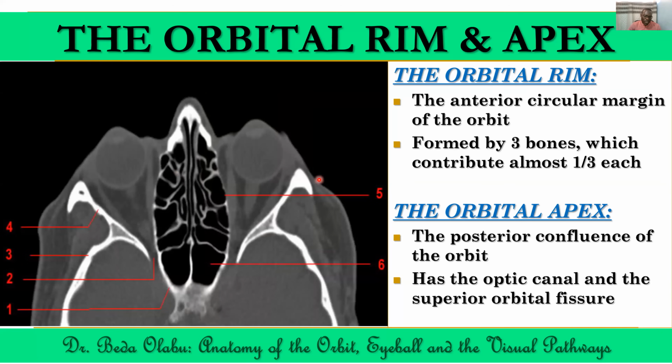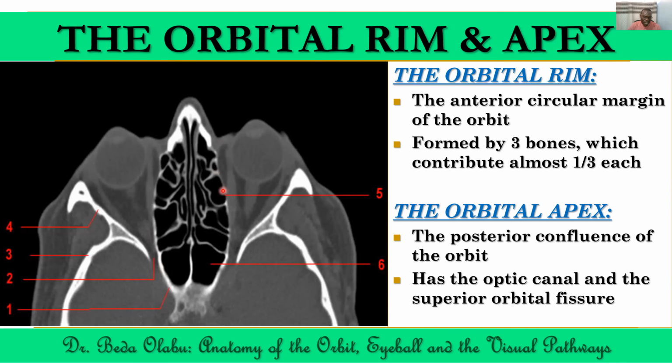This image captures for you the CT scan image at the level of the eye. It's an axial CT scan image at the level of the eye, showing you a number of structures, but first also appreciating the protrusion of the eyes beyond the orbital socket to increase the size of the visual field. Also appreciating the fact that the medial walls of the orbit are almost parallel to each other.